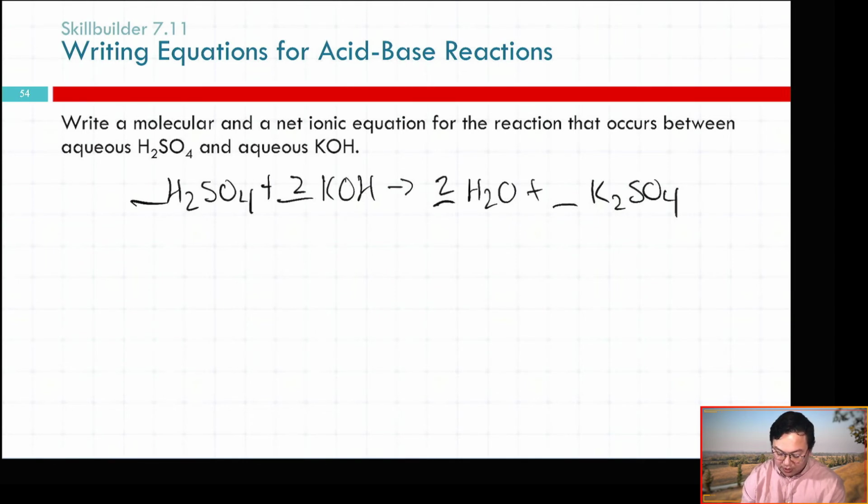We got 2 potassiums, so I put 2 over here as the coefficient. That gives us 2 oxygens, 2 hydrogens, and sulfate's going to stay as a combined polyatomic anion, or oxyanion. There's 4 hydrogens. That's balanced. Yes, it is balanced.